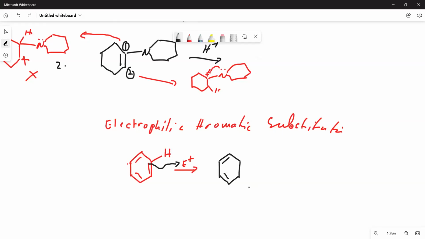So again, we have a carbonium ion intermediate here. Okay? So this carbonium ion intermediate is stabilized by resonance, no? Because it is adjacent to the double bond. So you have a lot of resonance structures.